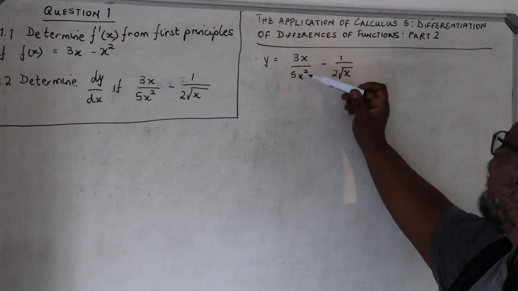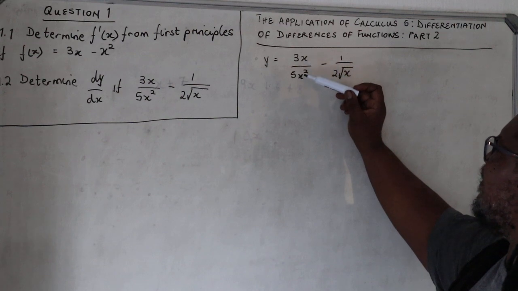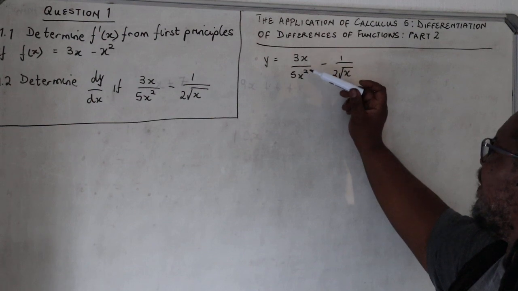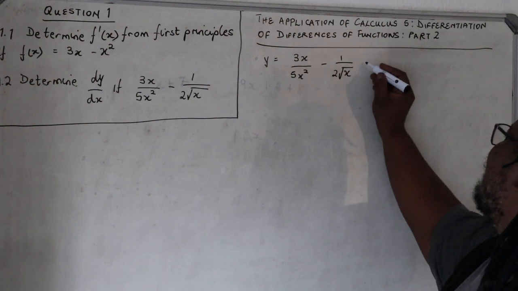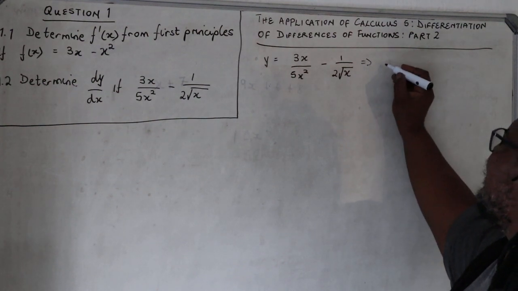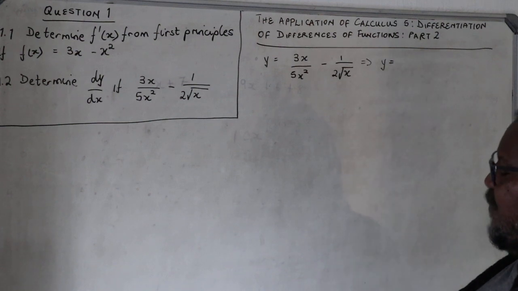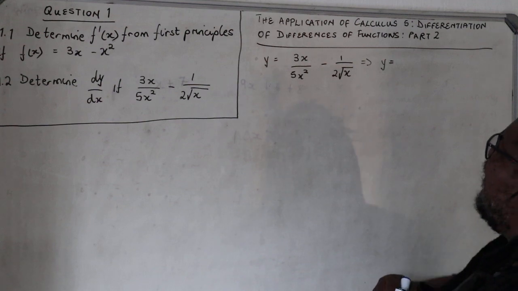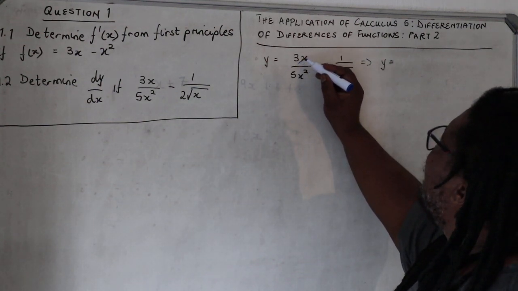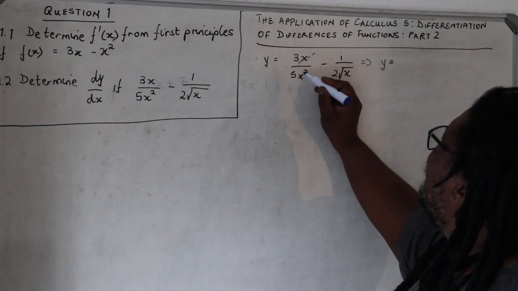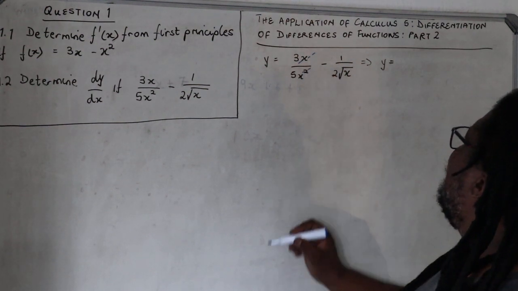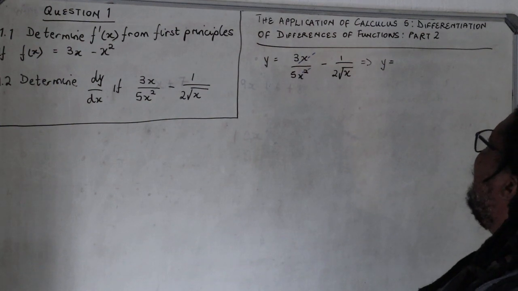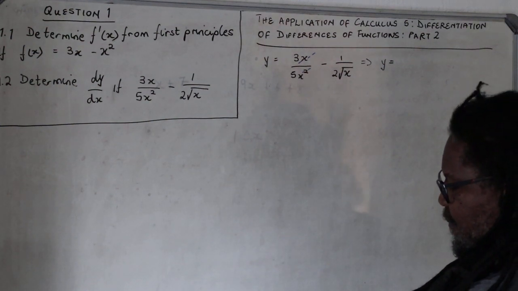If you are going to differentiate as it is, it might produce a very complicated differential, but you can actually simplify that. We can say y is equal to, that x there can be cancelled out, and cancel that 2 there to leave that x there.